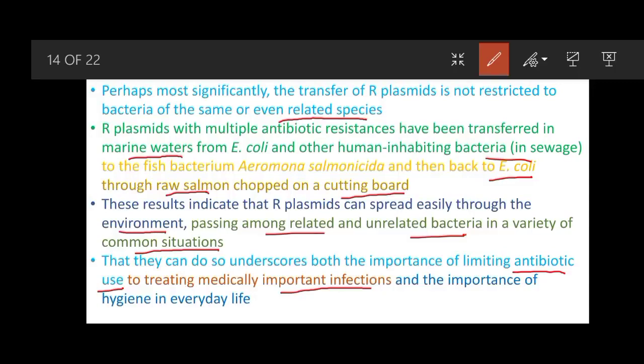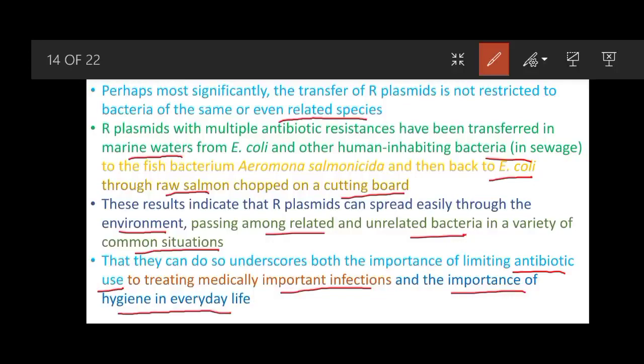It is also highlighting the importance of hygiene and sanitation in everyday life. So, cleanliness is a key to stop antibiotic resistance from spreading in the environment. So, it is very important.